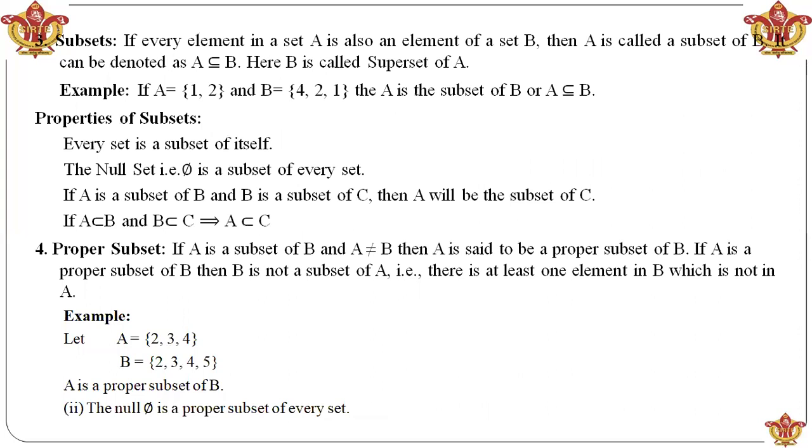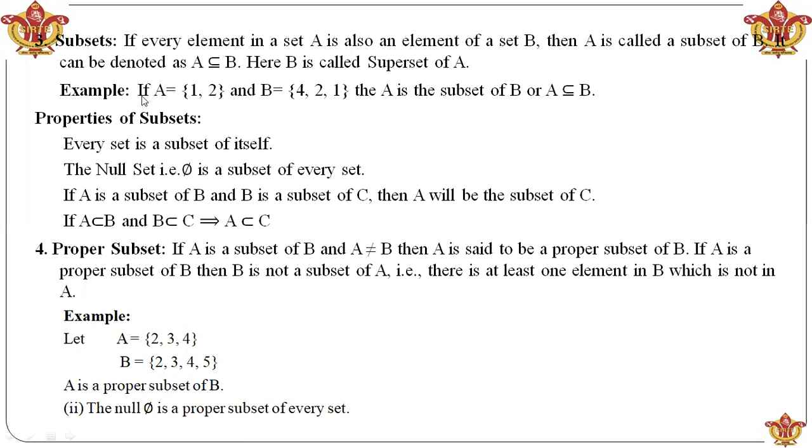After that, in the continuation of set theory, we are going to discuss the subset. What is a subset? If every element in a set A is also an element of a set B, then A is a subset of B. It can be denoted like this: A is a subset of B. Here B is called the superset of A. Let's take one example to understand.